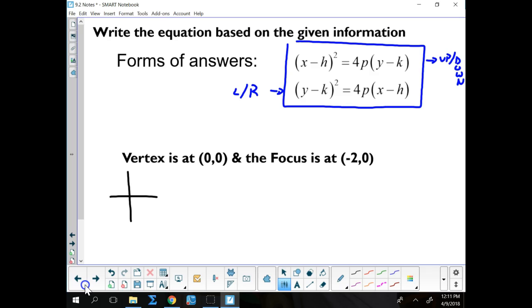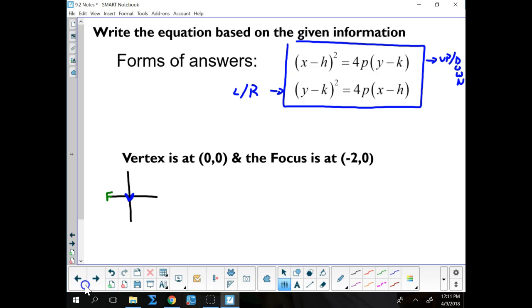This tells me that the vertex is at 0, 0, and I'm going to write V there for vertex. Then it tells me that the focus is at -2, 0, so I'm going to write F there. If I was given the directrix, I would draw in the dashed line of the directrix. So V, F, and a dashed line is what you need to do.